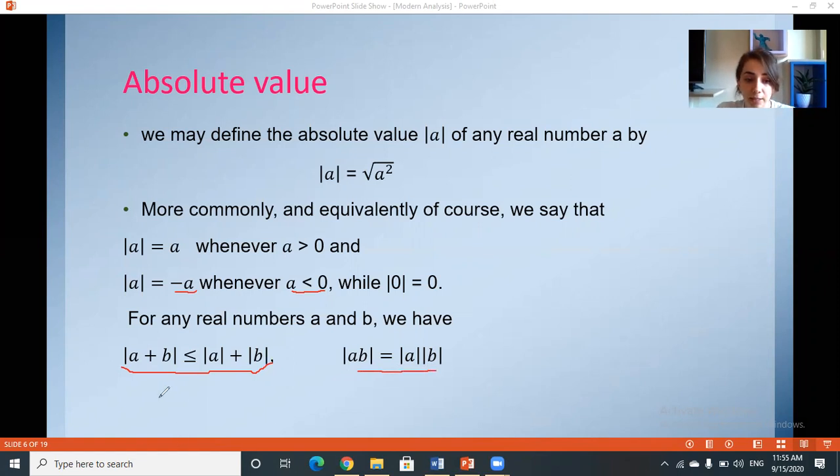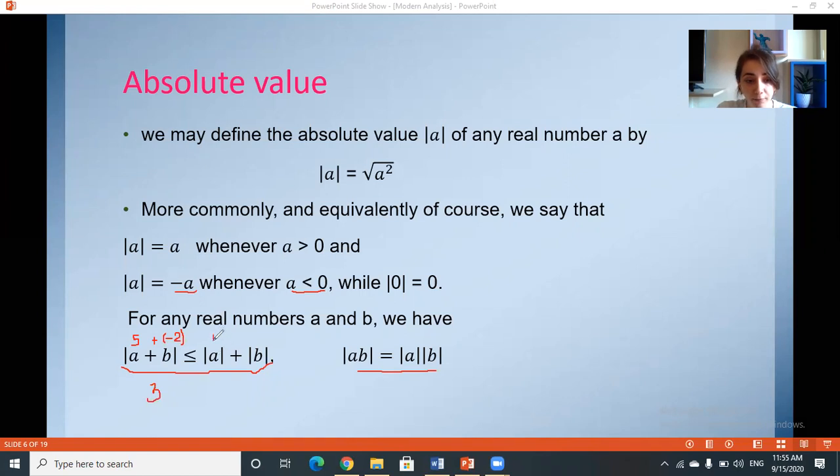Let's give an example. Let it be 5 and let it be minus 2. 5 plus minus 2 is 3. Yes, this is 3. Let me write it like that. Okay.